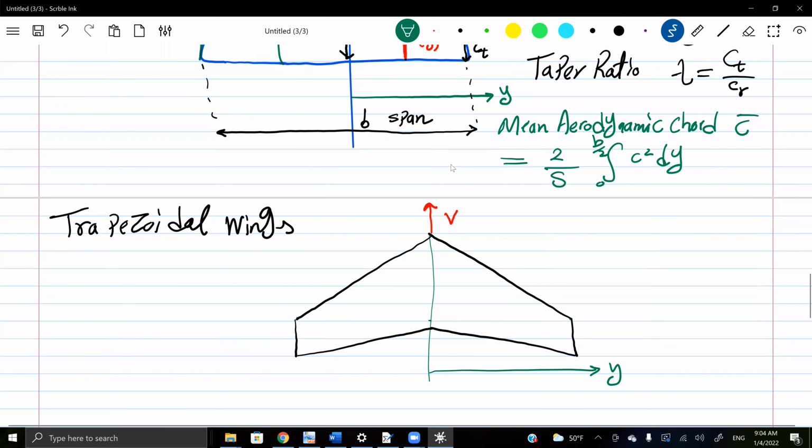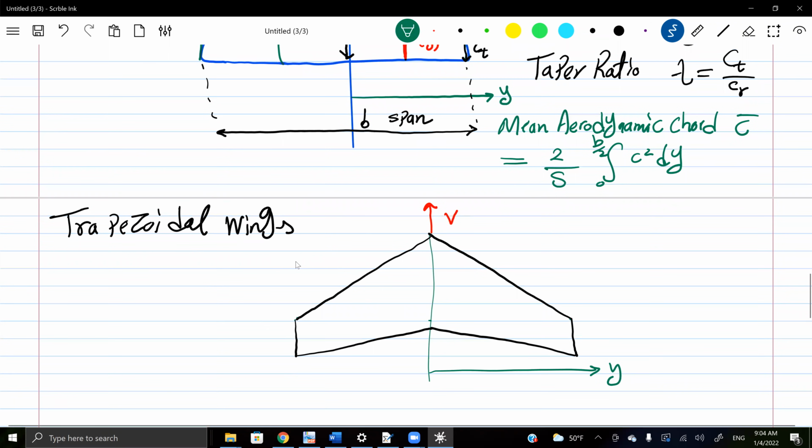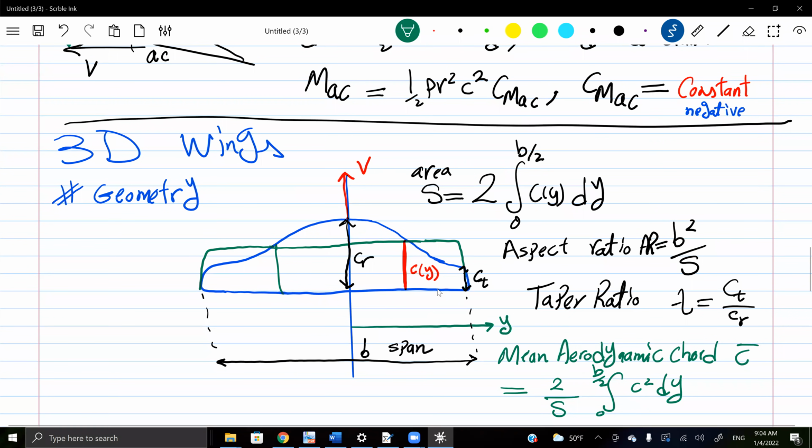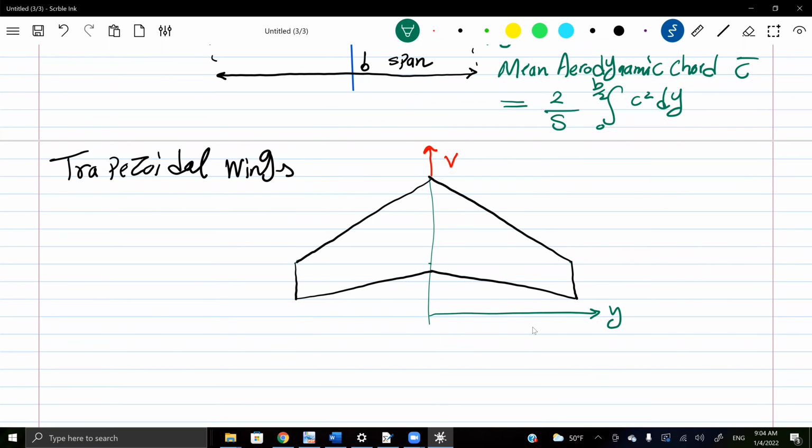This is just a special case, one type of wings, where the variation of the chord with y is linear. It's just a line. So my c of y is c root times 1 plus lambda minus 1 times y over b over 2.